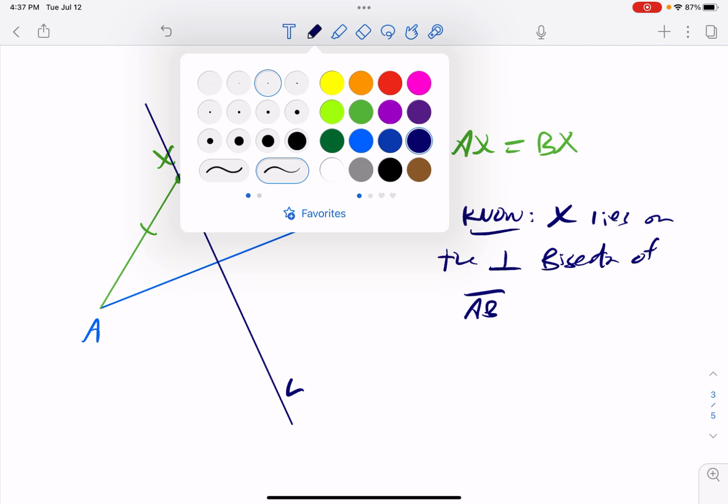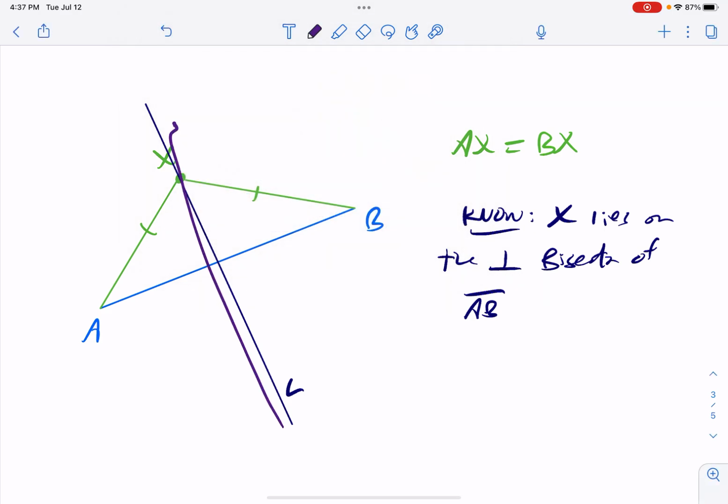I could draw a slightly different line that looks like so and also goes through X. I could draw another slightly different line like so that goes through X. I could draw another one, slightly different, that goes through X. What we know for sure is that one of the lines with X on it is the perpendicular bisector.